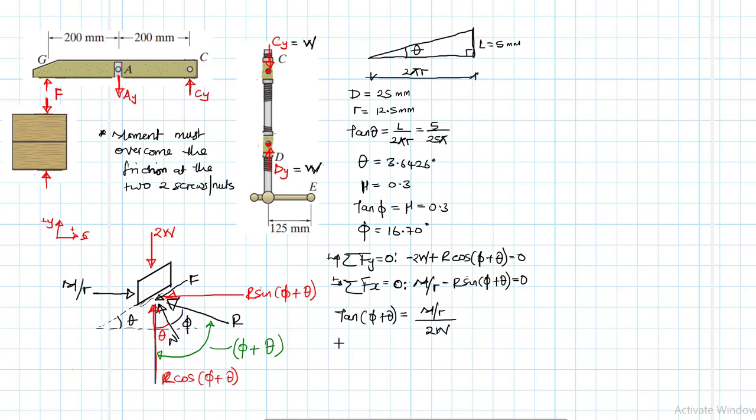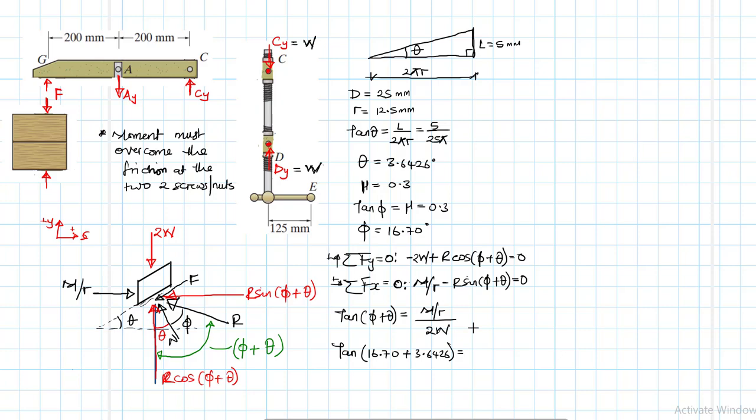So we know what tan is. Phi, we calculated, is 16.7, plus theta, 3.6426. Then m, what is our m?